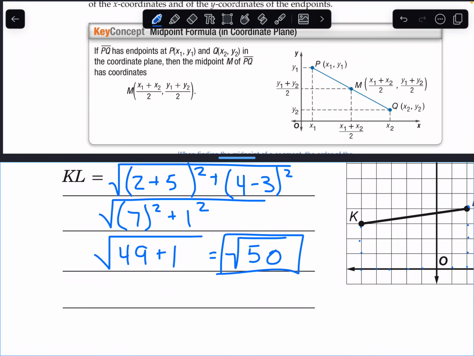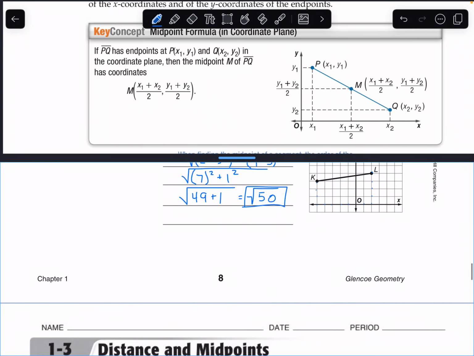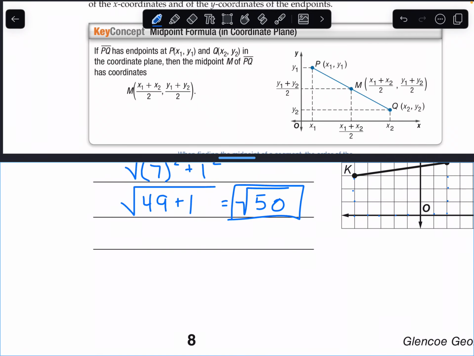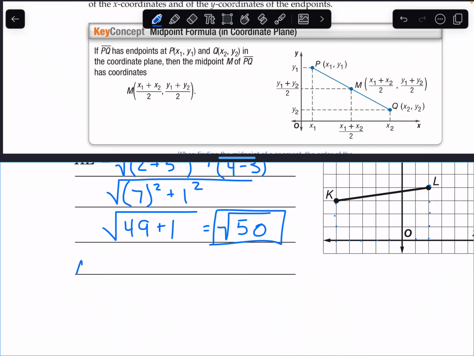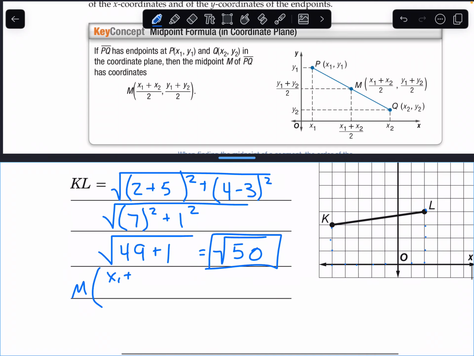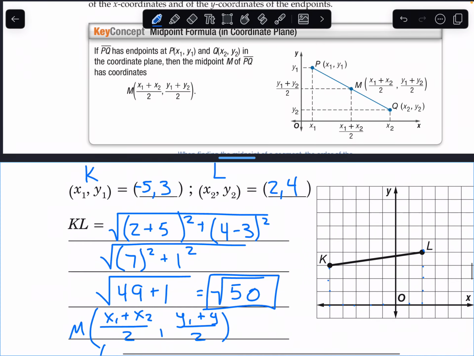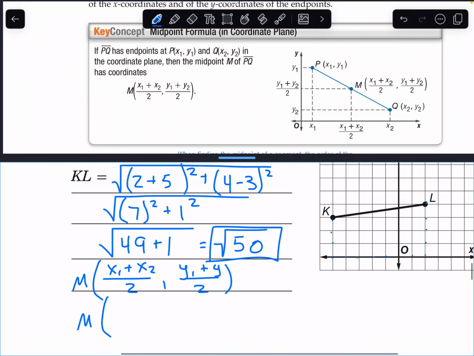However, the heading definitely says midpoint of a segment, and we haven't done any midpoints here. I think proper notes definitely need to have the midpoint formula as a reference here somewhere. So x1 plus x2 all over 2, comma, y1 plus y2 over 2, parenthesis. So then our midpoint here is going to be, now I've scrolled too far, I can't see the numbers. Right there.